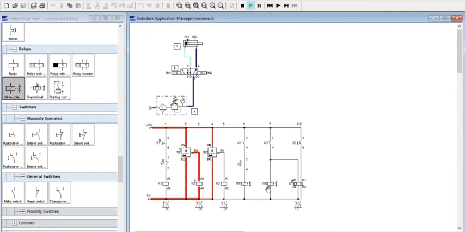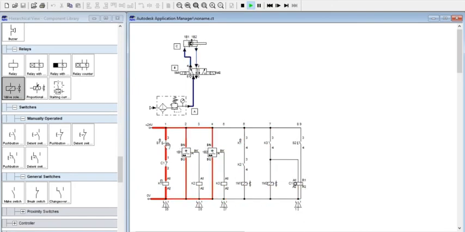So we see the simulation for the second time. Before I forget, the function of the S2 push button is to reset the counter of the counter relay. First we push the push button and we can see it reset.